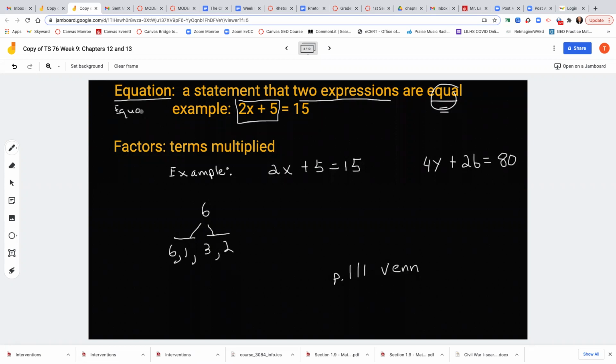It almost sounds like equal, okay? That's why it's called an equation. Something equals something. So you got an expression on one half of it, that's a phrase, equals something else, then the whole thing's called an equation, okay?